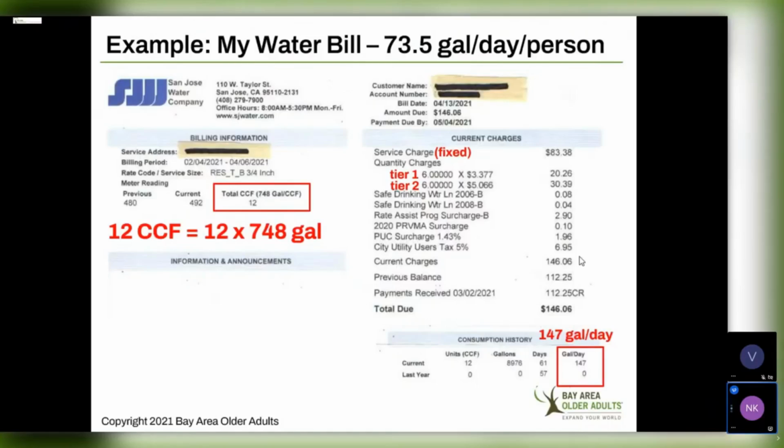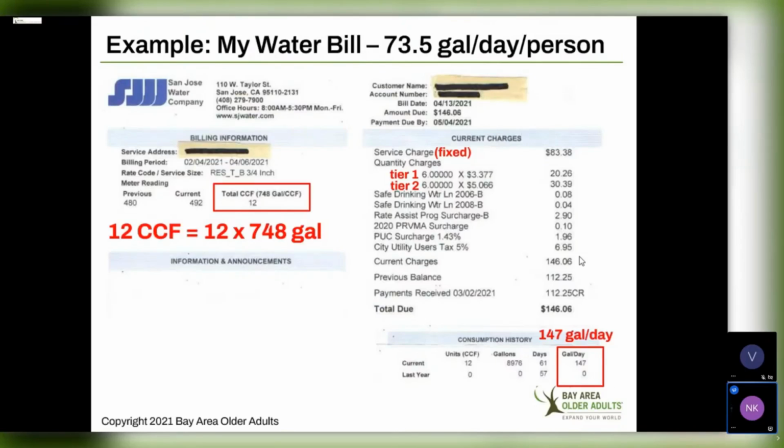In San Jose, we get a water bill every 2 months that reflects the water we use indoors and in our yards. Water use is measured in CCF, centum cubic feet, meaning 100 cubic feet, where 1 CCF is 748 gallons of water.